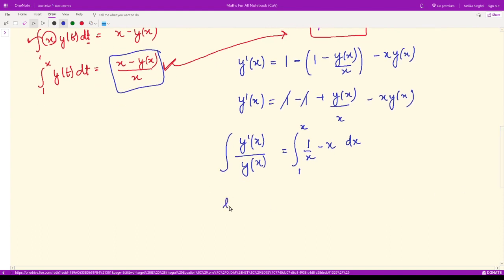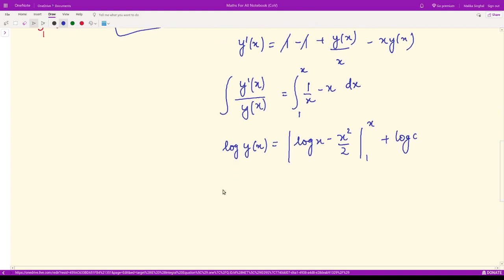So it would be log of y of x equal to log of x, and the integration of x would be x square by 2, and the limits of integration are from 1 to x, right, plus some constant c. We'll take this in log, right? So it would be log of y of x equal to, here let's put the limits. So it would be log x minus log 1, that would be 0, right, minus of x square by 2 and plus 1 by 2, right, plus log of c.